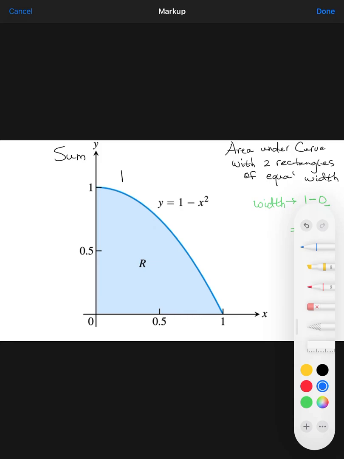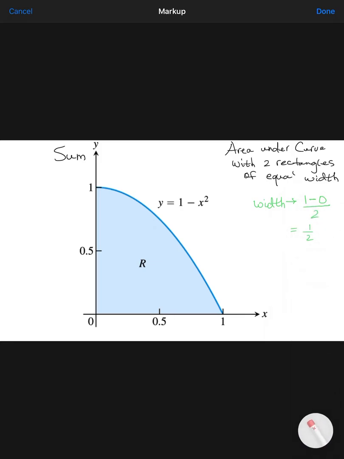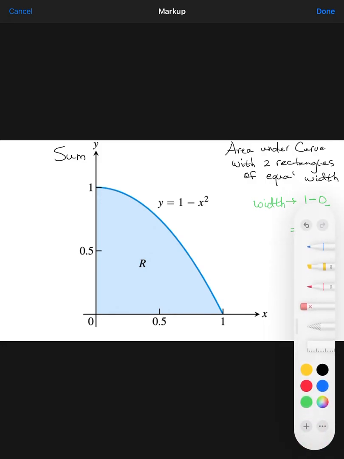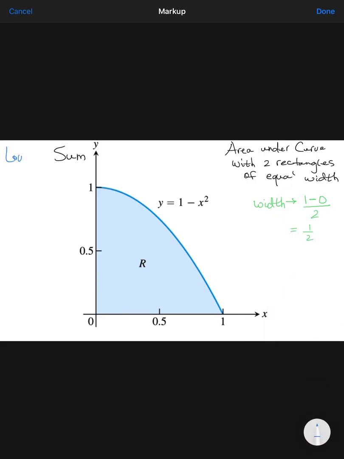So, again, lower sum. When you find the lower sum, you go to the rightmost values. We plug in 1 for the height.